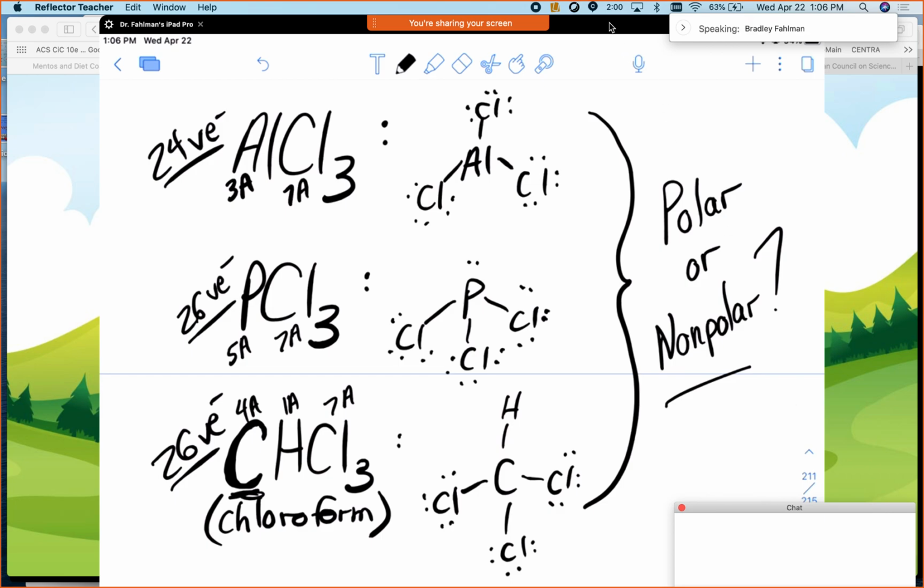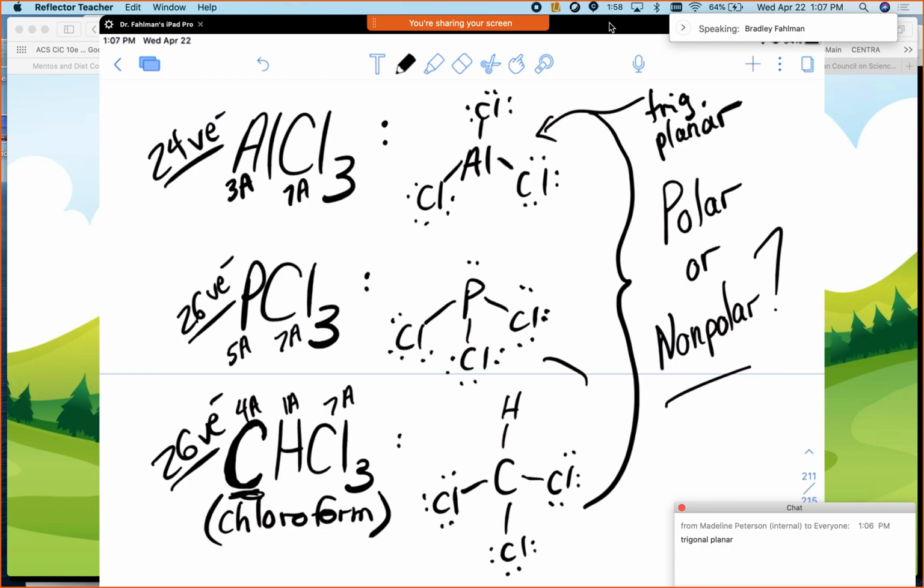All right, so what shapes? The first step for these is determine their Lewis structures, then determine what shape they have. For aluminum trichloride, what is its shape? Is it tetrahedral or something else? I think we had like 5 or 6 different shapes. Yeah, so trigonal planar, yep.